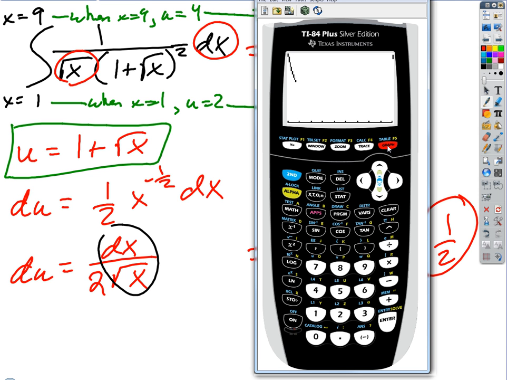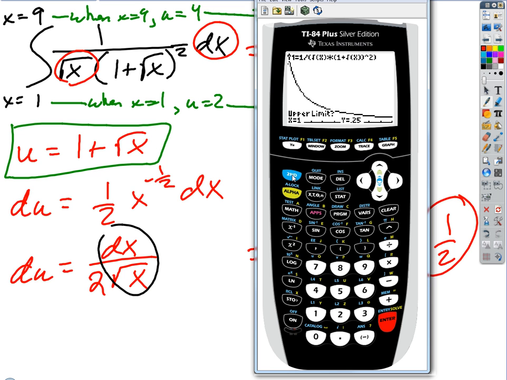Okay, so let's calculate an area from 1 to 9. Oh shoot!